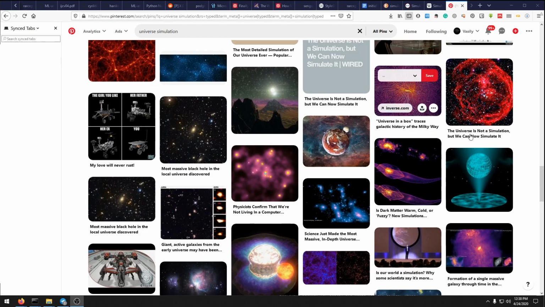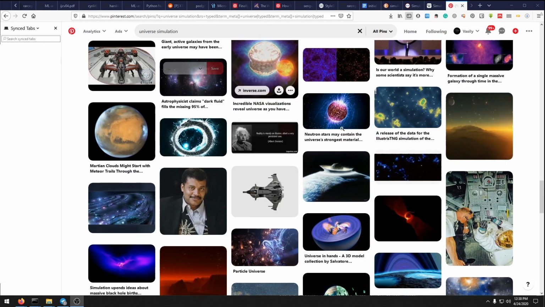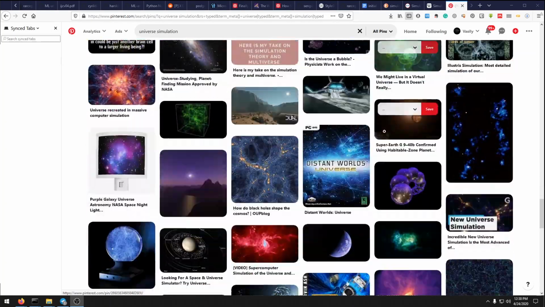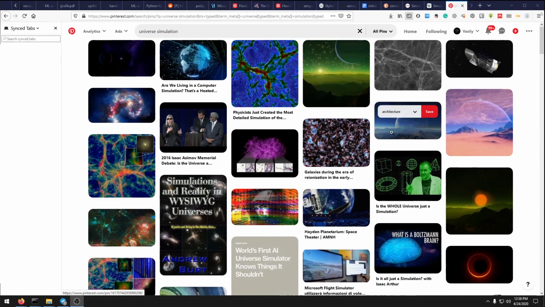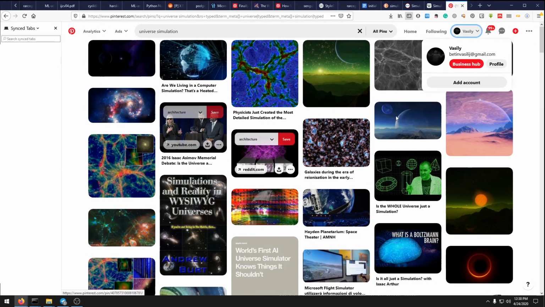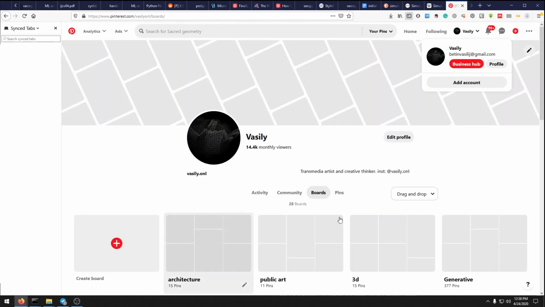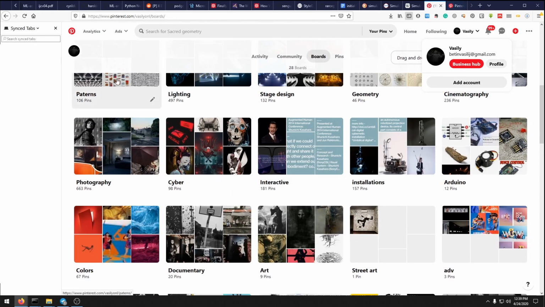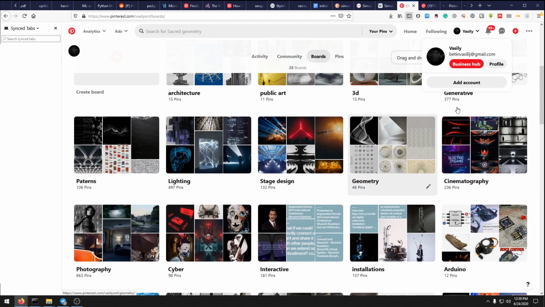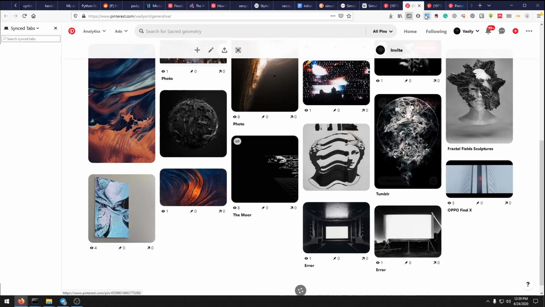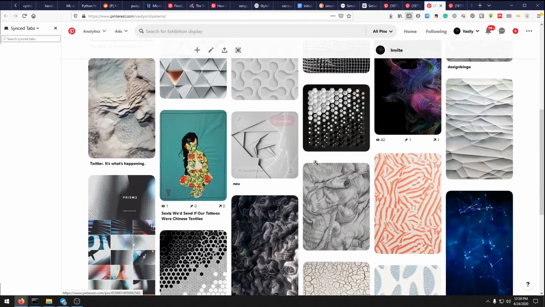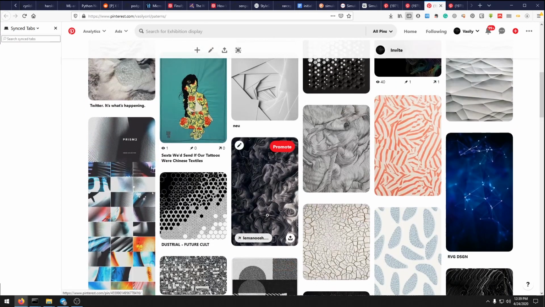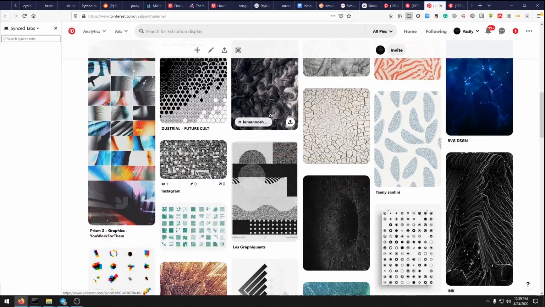Yeah, this looks nice. This is one of the nice things. You remember from the beginning I told you about looking for references, looking for patterns in geometry. So when I have this kind of stuff, I can think how I can make it happen, how I can simulate it.